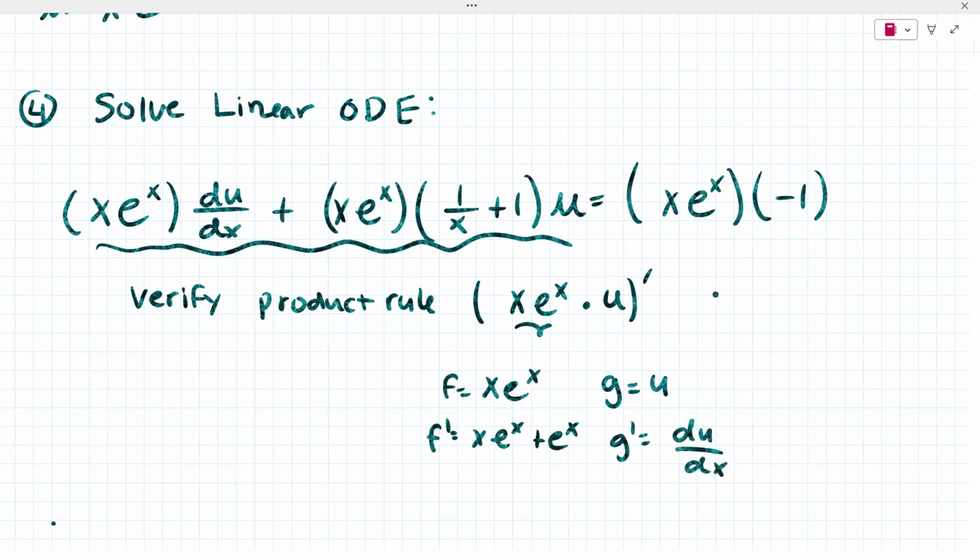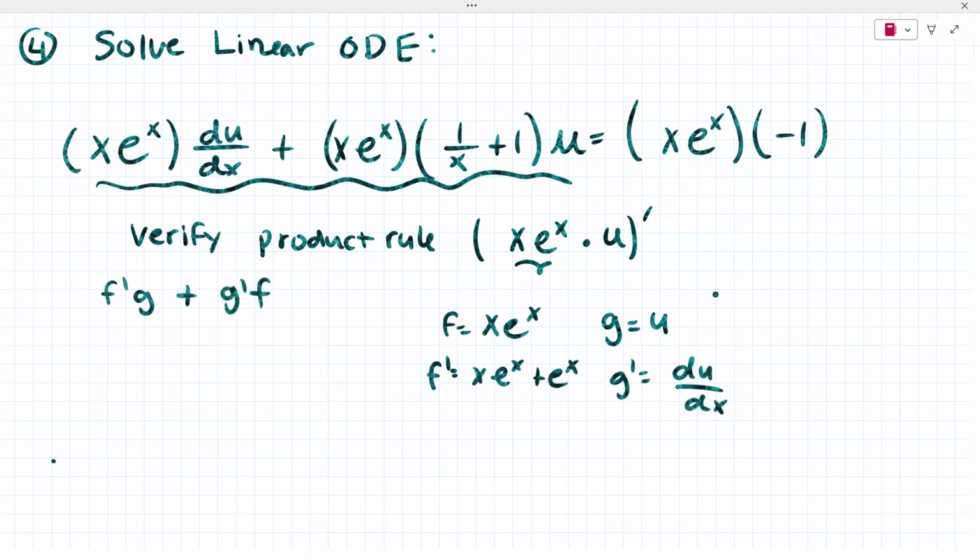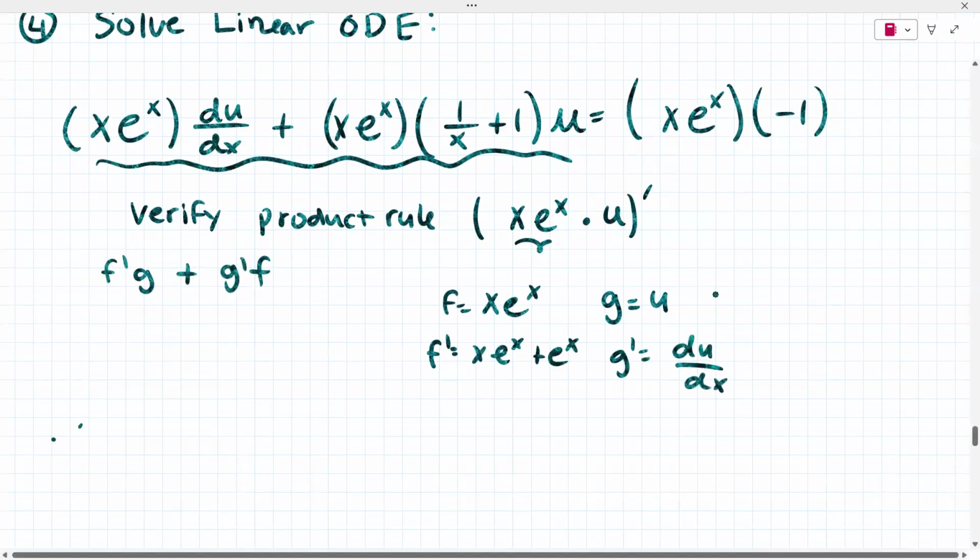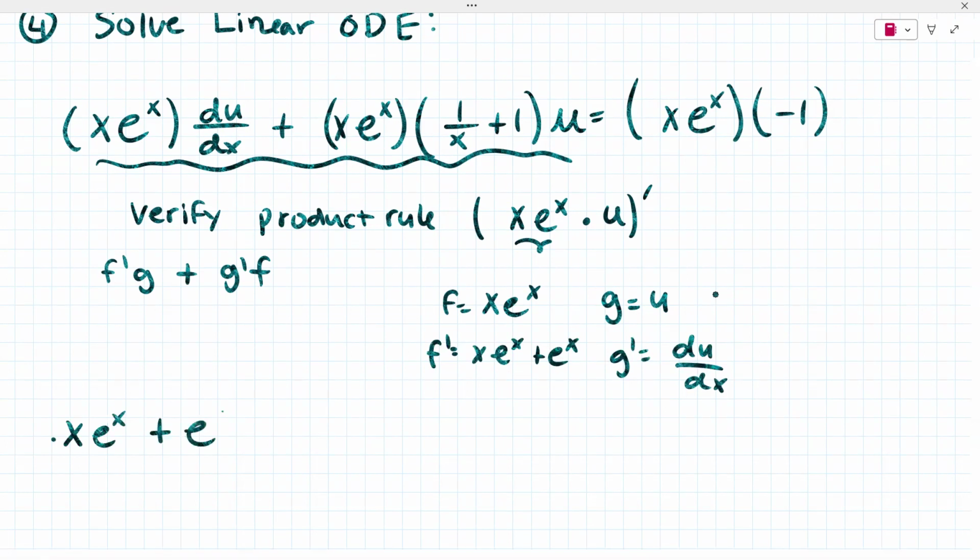And then the product rule is f prime of g plus g prime of f. So my f prime is x e to the x plus e to the x times g, which is u, plus g prime, which is du dx.